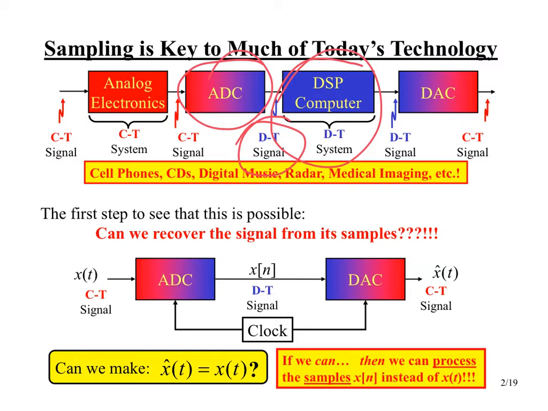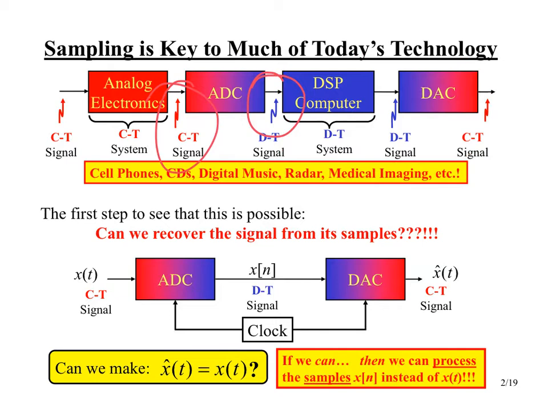And then in some applications, but not all, we need to reconstruct to get back a continuous time signal. All of this is predicated on the idea that these samples have all of the information that would be available in the continuous time signal itself, at least in theory.